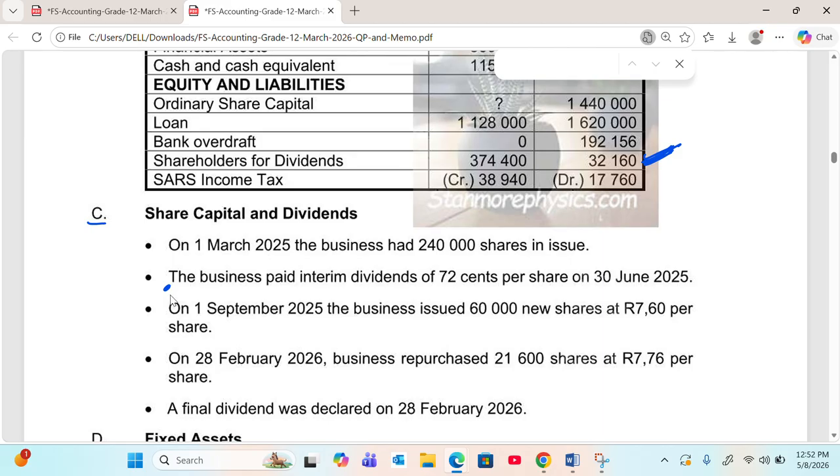Before the buyback, before issuing any shares, we paid our interim dividends on the 30th of June 2025, which means the only shares that qualified for the interim dividends are the 240 shares that we had in issue at the beginning of the year. Okay, so this is what we need to do.